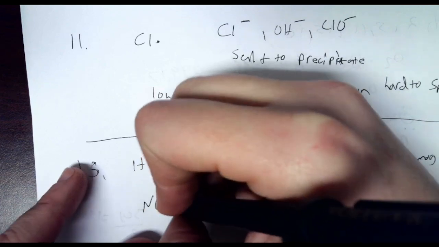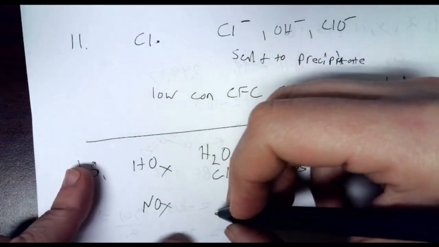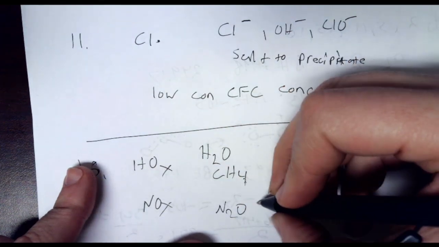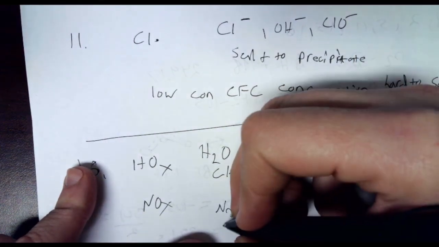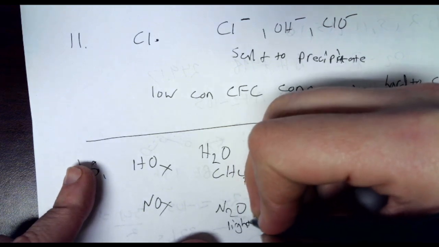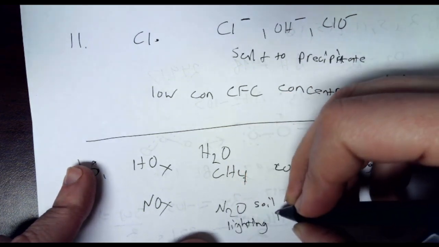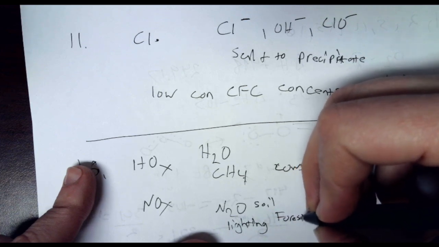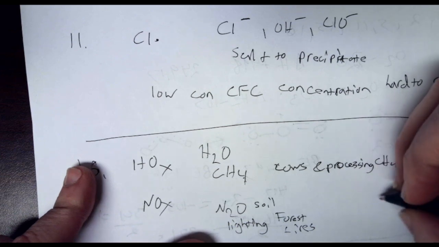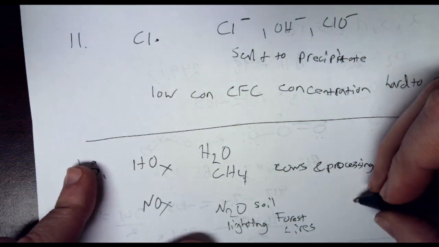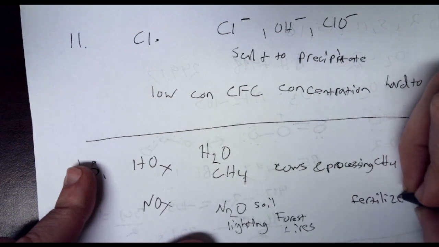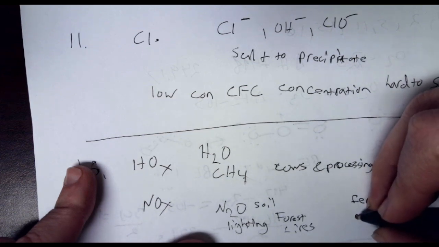With NOx, the main natural source is N2O, which can come from the soil. But we can also have NOx produced by lightning and forest fires. While the NOx from anthropogenic sources largely comes from fertilizers and combustion in engines.